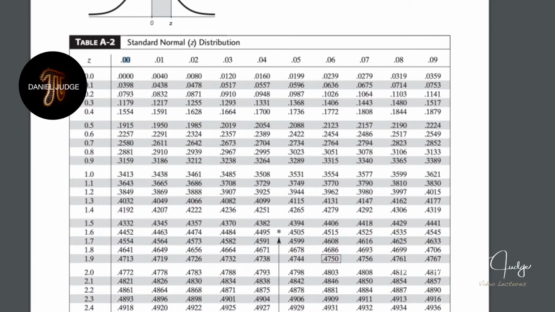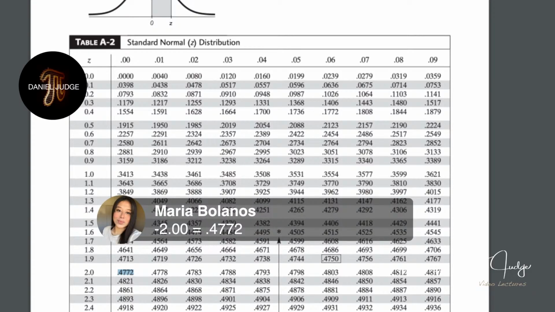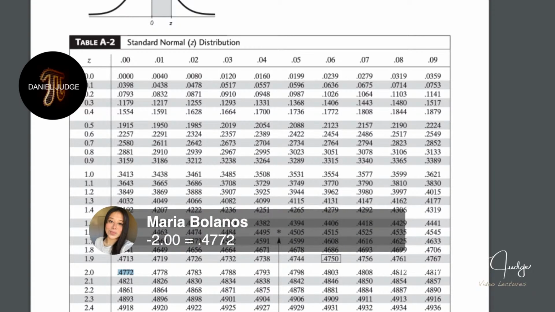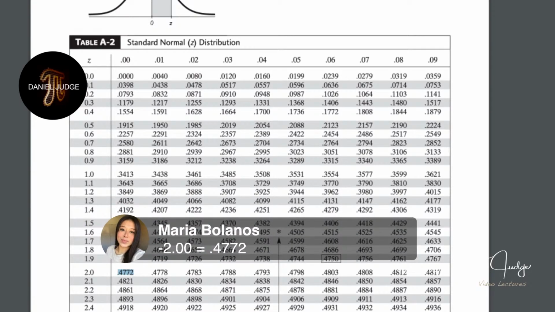See, that first column is 00, so we need the 2.0 row. And yes, it looks like Maria's correct. It's right here, this is going to be 0.4772. Right, so we have 2.0. It's right below Maria's picture there, if you guys can see that. And there it is.